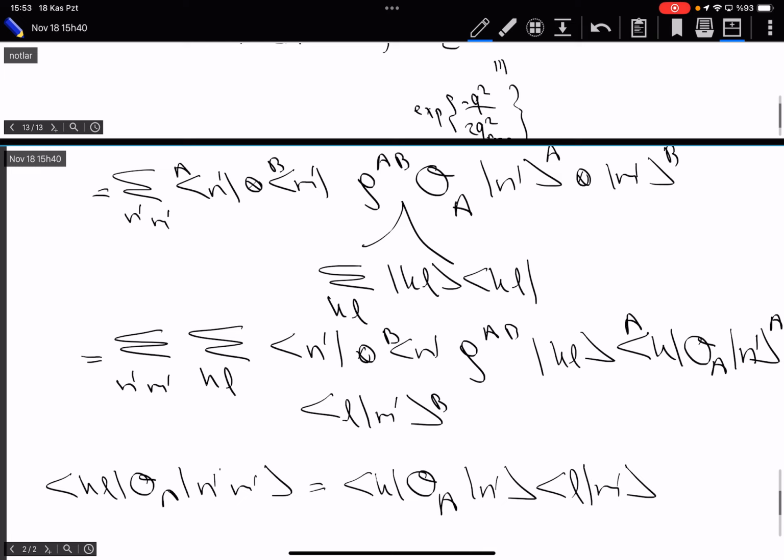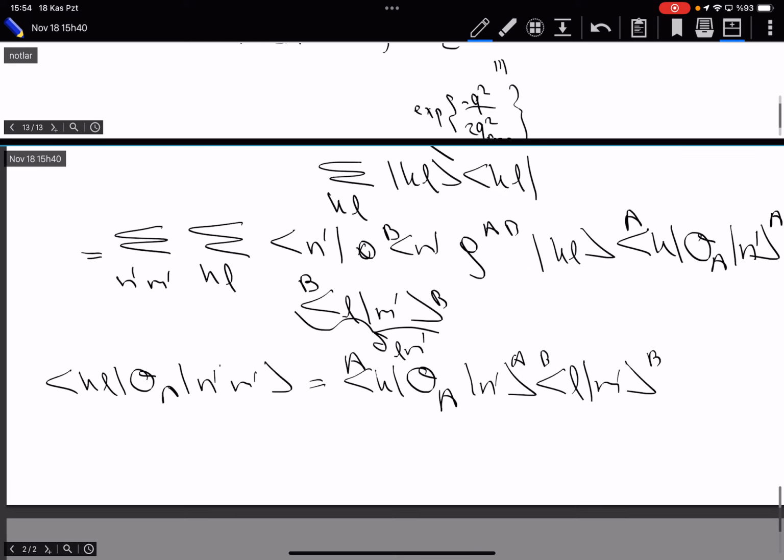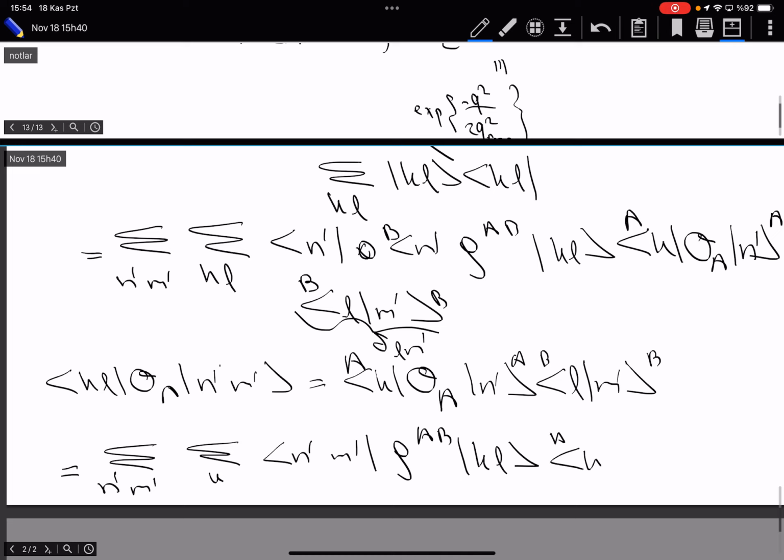This is the A, this is the B. Well, this is if everything is properly normalized, etc. This is the Kronecker delta L m prime. So L is equal to m prime.